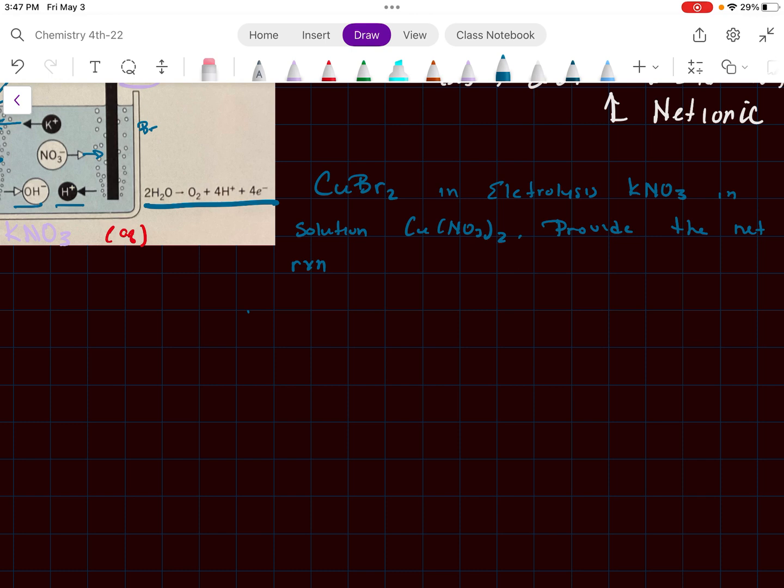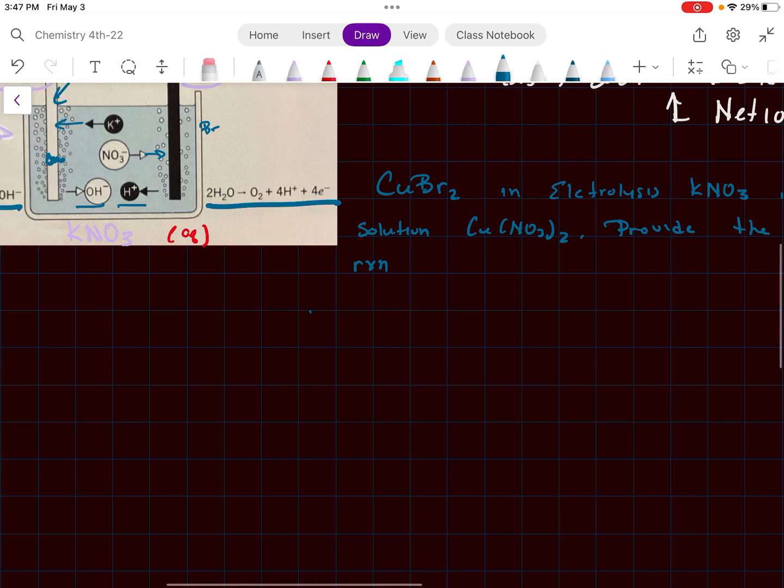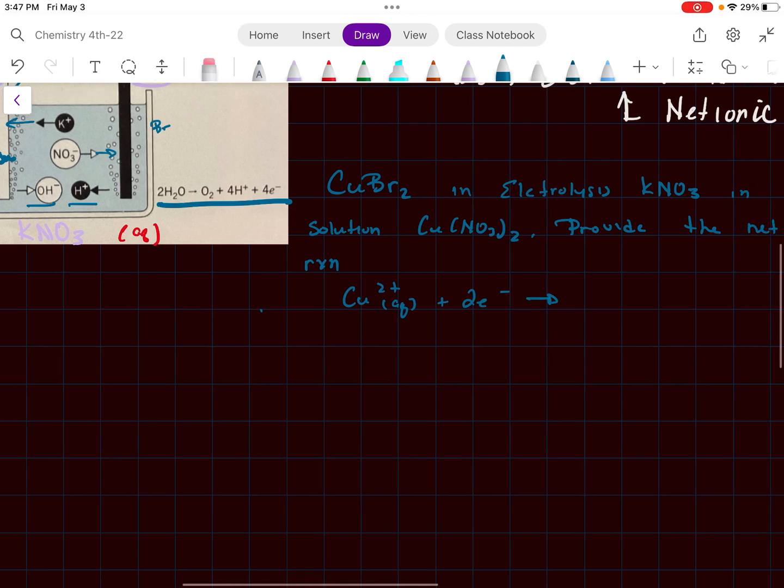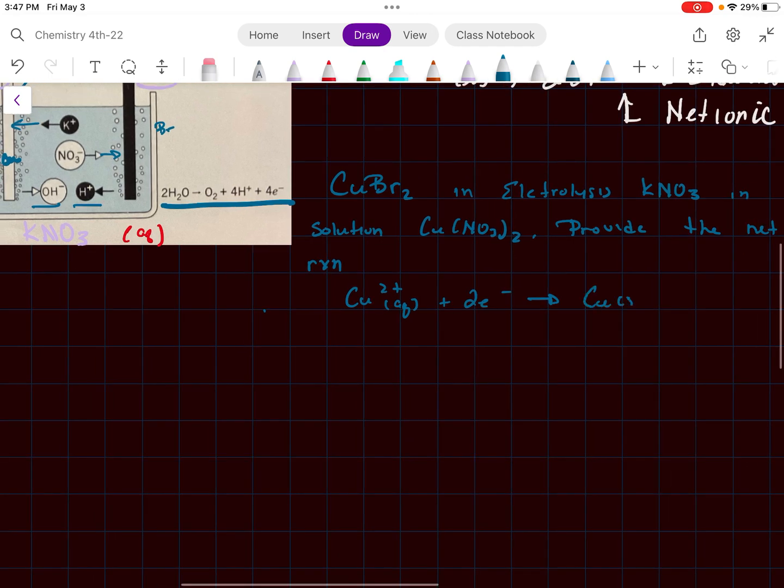We already said that the cathode is going to be the reduction of the copper. So here we're going to write the half reaction. Copper 2 plus, this is aqueous, is going to reduce with 2 electrons to produce solid copper. That's that reddish brown material that you begin to see on the cathode.